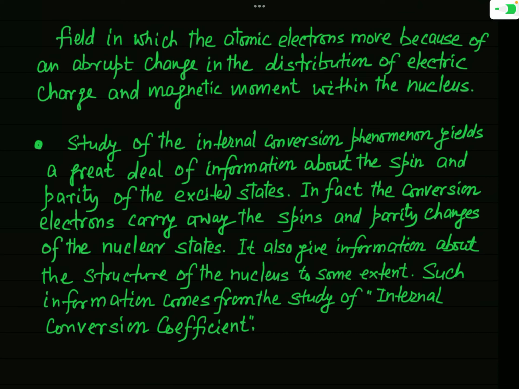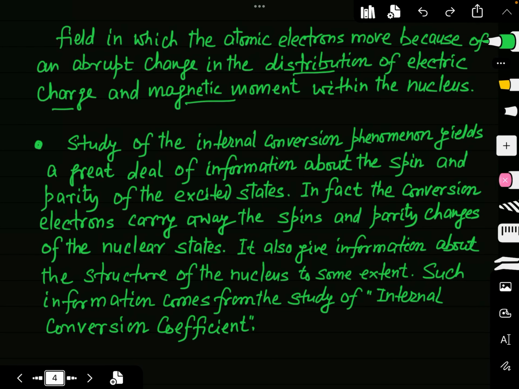So simply we say that our electron in an atom is moving under an electric and magnetic field. Okay, but due to the abrupt change in distribution of electric charge and magnetic moment within the nucleus, there will be just a perturbation. I have mentioned it here.